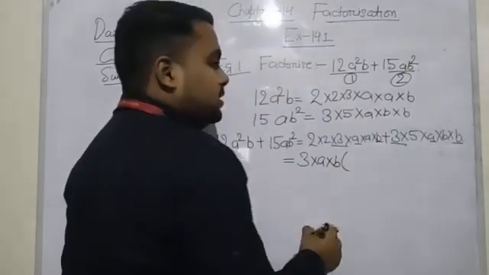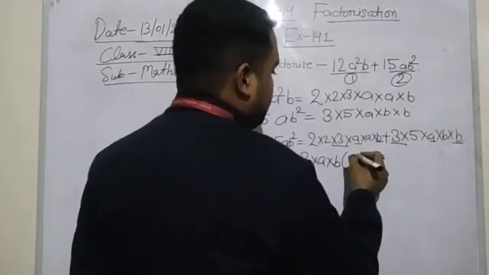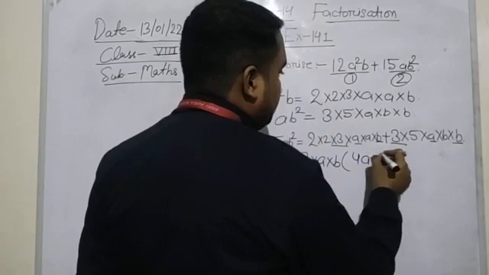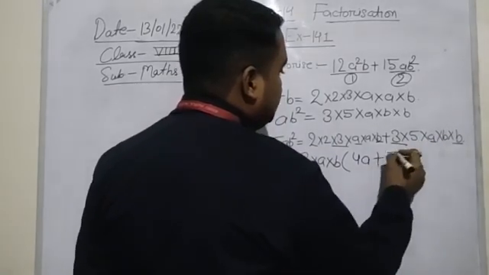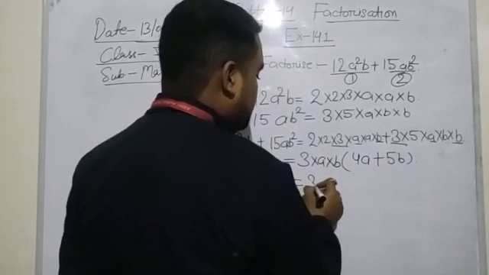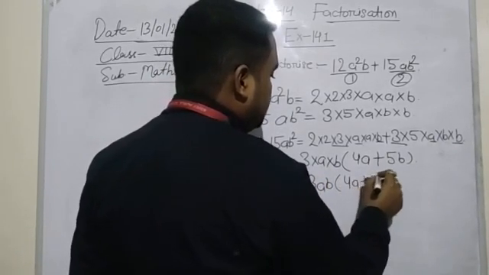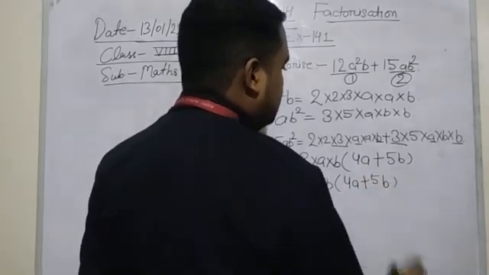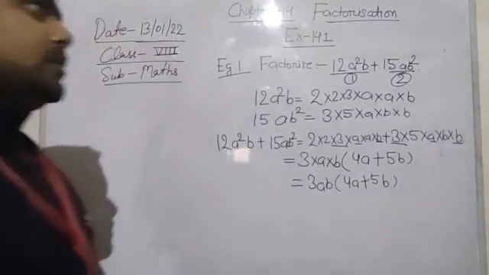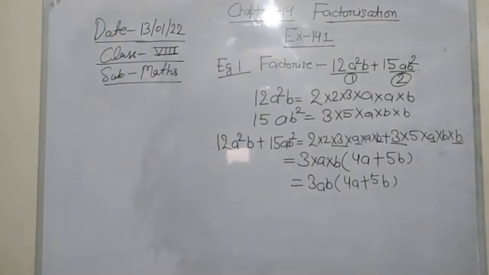Now we write the remaining part in the bracket: 2 into 2, that is 4a, plus 5 into b. So this will be 3ab in bracket 4a plus 5b. So this is the factorization of 12a square b plus 15ab square. Note down.